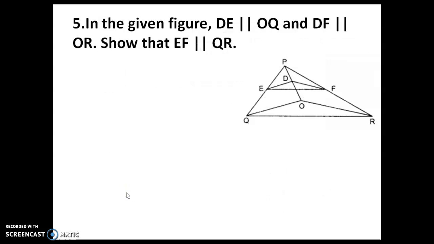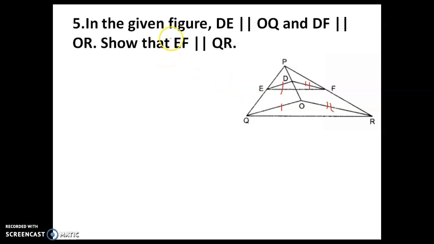Moving to the next problem. In the given figure, DE is parallel to OQ. These two lines are parallel. Then DF is parallel to OR. This line is parallel to OR.